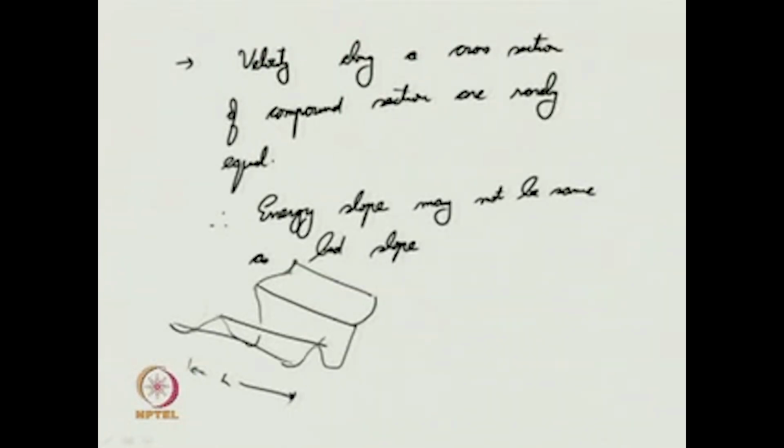For example, here this is the upstream portion and this is the downstream portion. So, the difference in energy head divided by the length of the reach will give you the energy slope, the bed slope correspondingly. And if they are not equal, you have to first evaluate the energy slope.